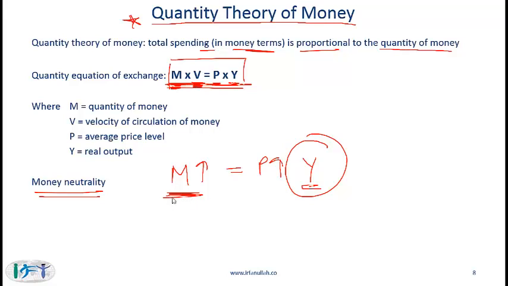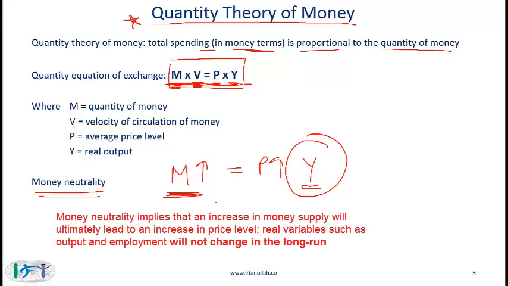Connecting this with the monetarist school of thought, which we discussed in an earlier reading, according to monetarists, the price level or changes in price level are influenced by changes in money supply. So if we want to target a certain increase or a certain change in price level, that can be done through changes in the money supply.